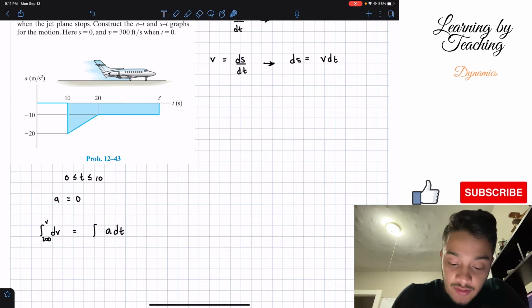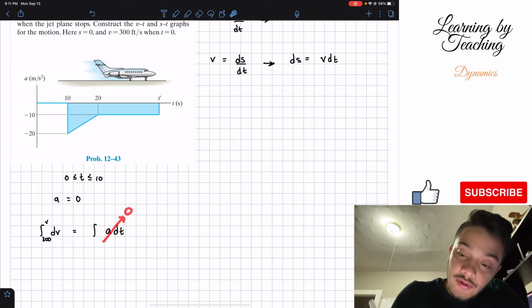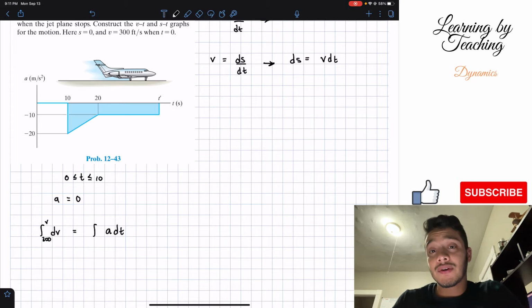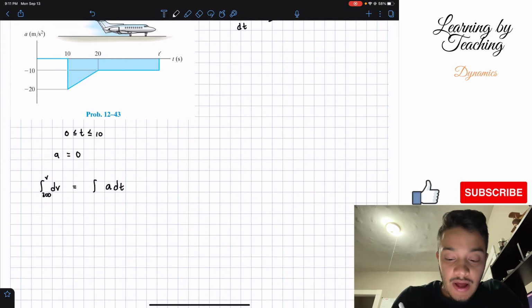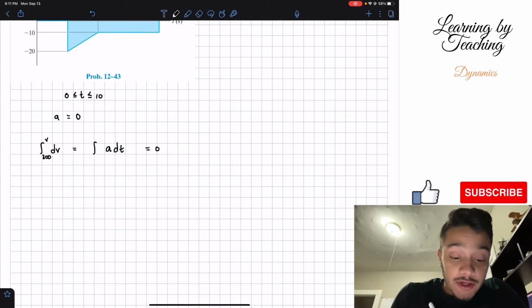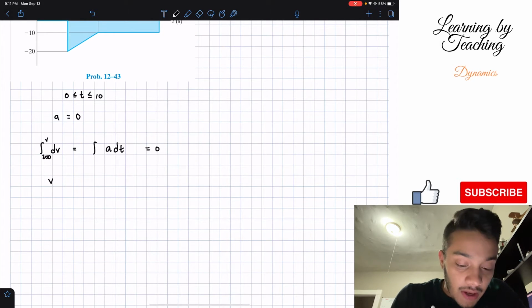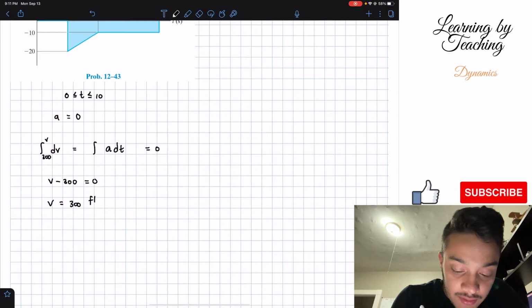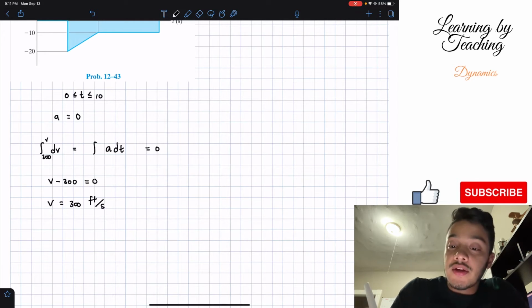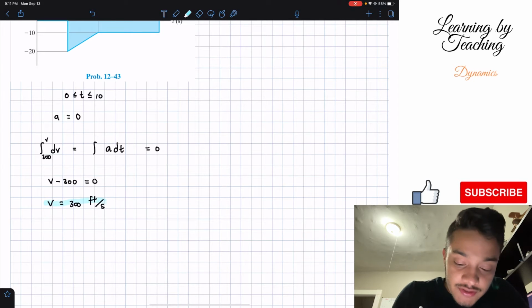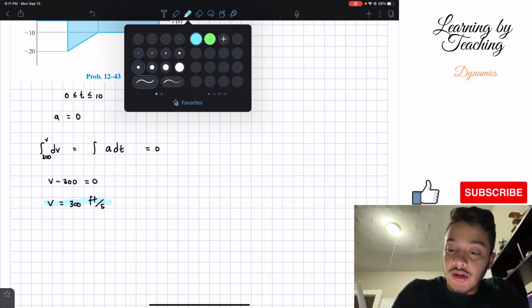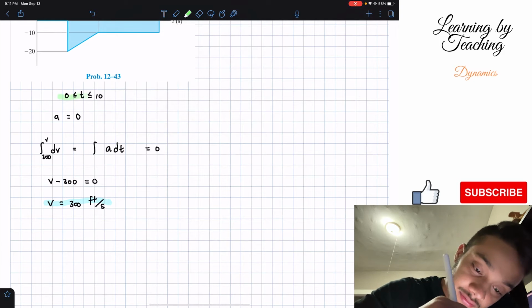Our acceleration is equal to 0, therefore everything in here multiplied by 0 is equal to 0. If we solve the integral on the left, we'll find that v minus 300 is equal to 0, and if we solve for velocity, this is equal to 300 feet per second.